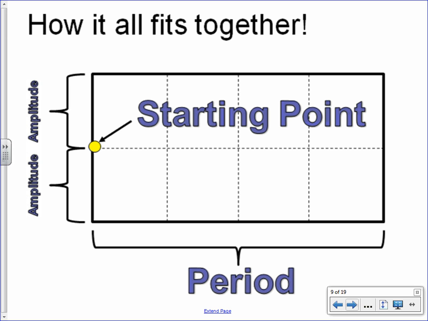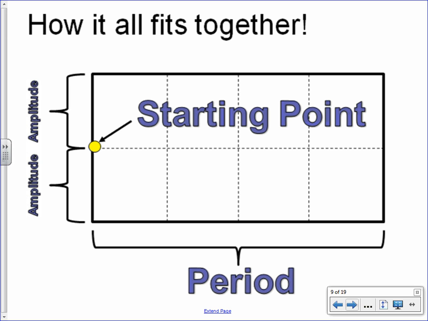We are going to talk about how our graphs fit into these frames so that when I give you a function, you can identify those 3 things we talked about, draw our frame, and then you know how the curve's supposed to fit inside of your frame. Okay? Do we all have our boxes?